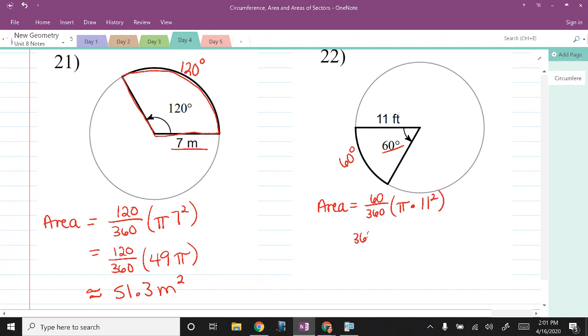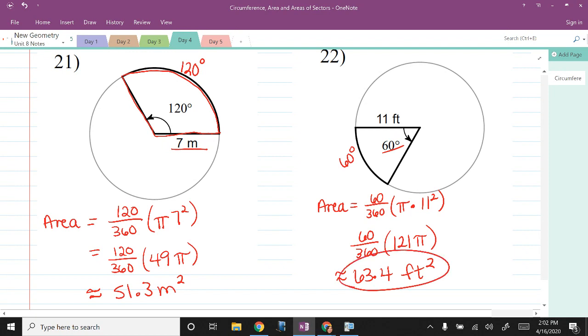So that's going to be 60 over 360 times 121 pi. And you could simplify that fraction, 60 over 360, that reduces. But since you're having to put everything in the calculator anyway, I just leave it alone. Less work. So calculator, parentheses, 60 divided by 360 times 121 times pi. And I'm getting that's approximately 63.4, and that's going to be square feet.